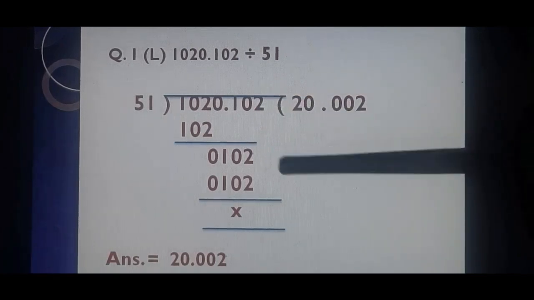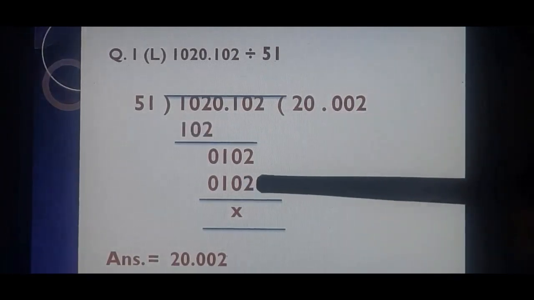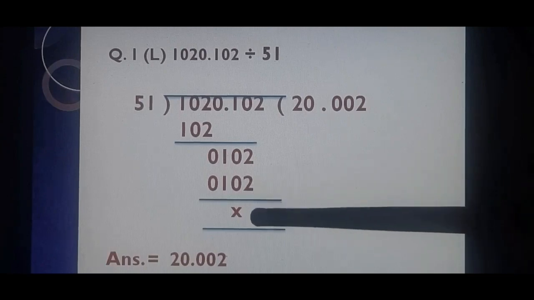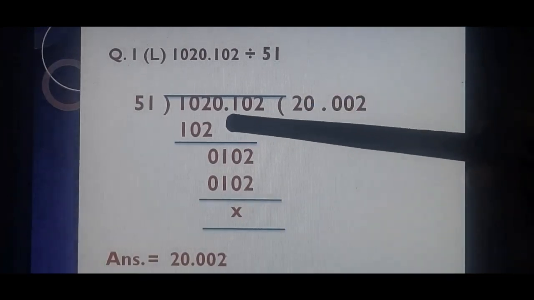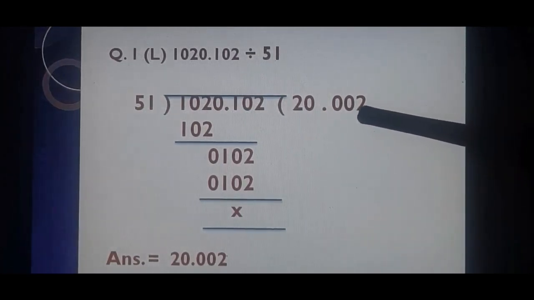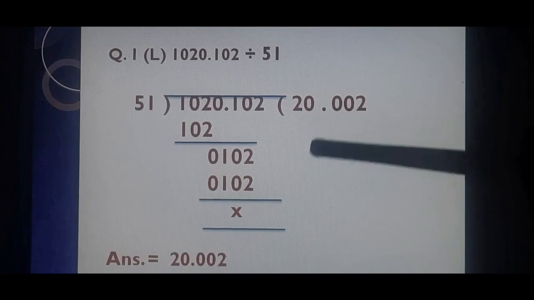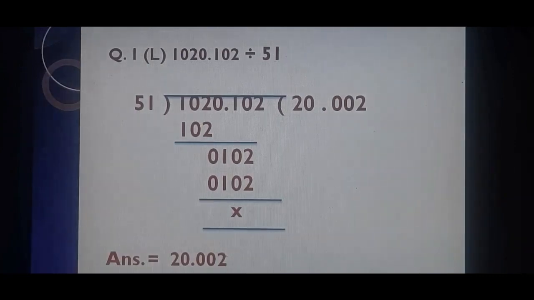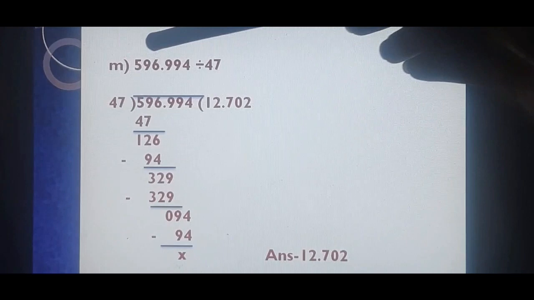Now we have 102. 51 2s are 102. 102 minus 102, 0 remainder is left. Now after the decimal there are 1, 2, 3 digits. So here also count from 1's place, 1s, 10s, 100 and put the decimal. So our answer has become 20.002.